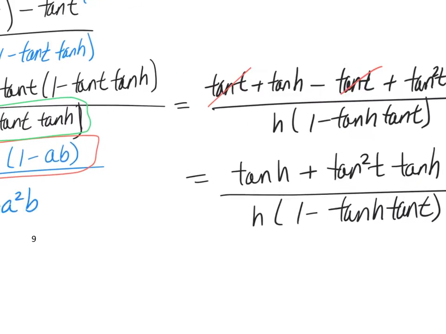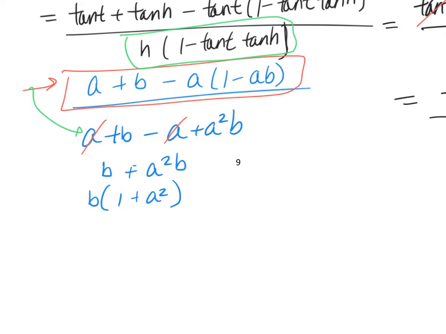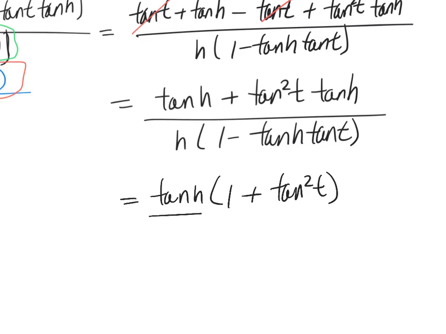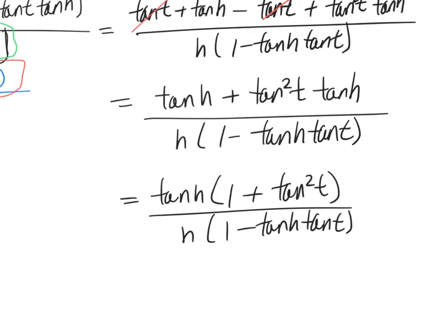So going back to my a's and b's, what did I do at this step from here to here? I'm going to factor out a tangent h. So the tangent of h, 1 plus the tangent squared of t, over 1 minus the tangent of h, tangent of t. And there's my secant squared.